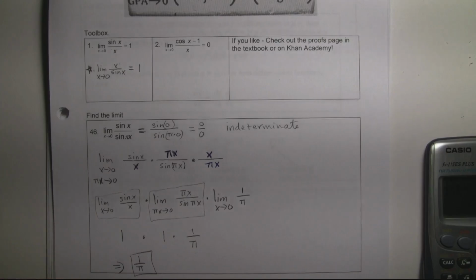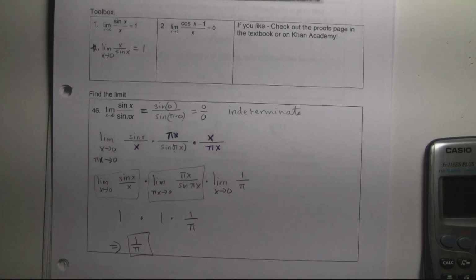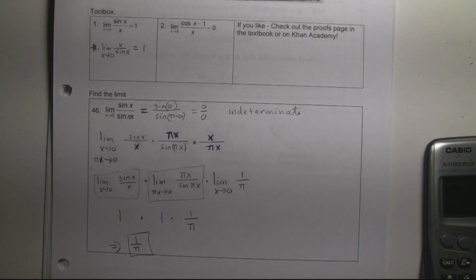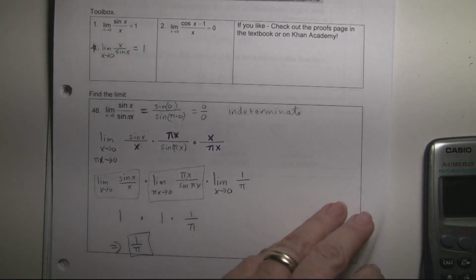I said it was going to be some value. I didn't guess 1 over pi as one of the values it might be, but that was the value that it was. Does that seem okay? I really showed all my work to make sure that everyone understood what I was allowed to do and pull it apart. I hope that's good. Come see me if those are tricky at first.